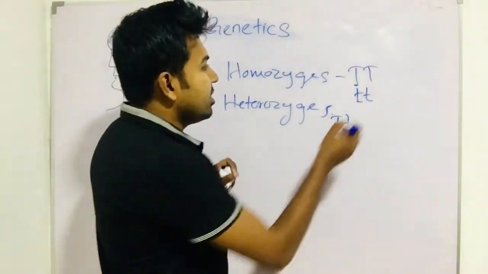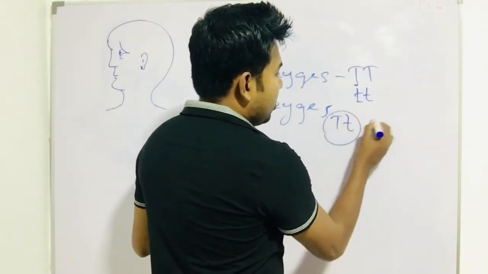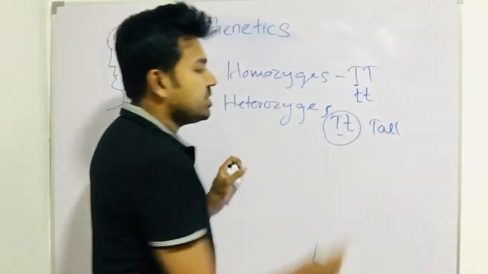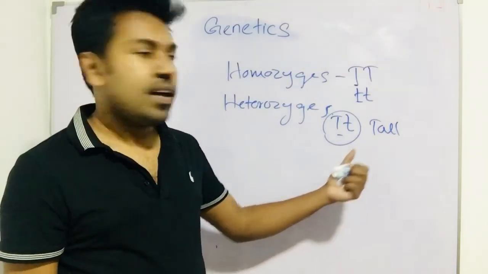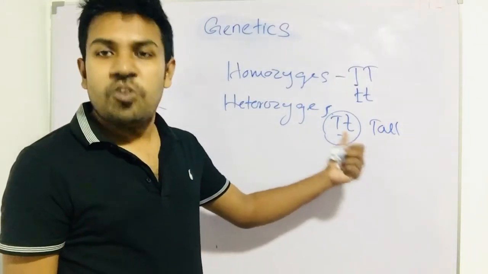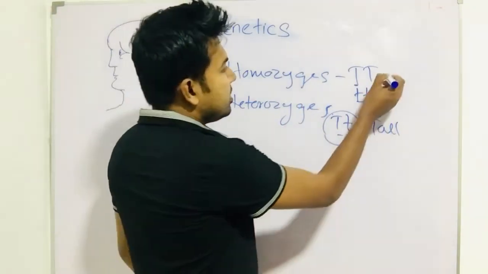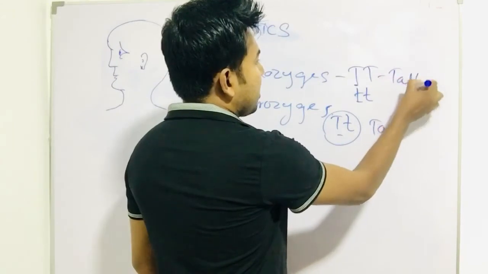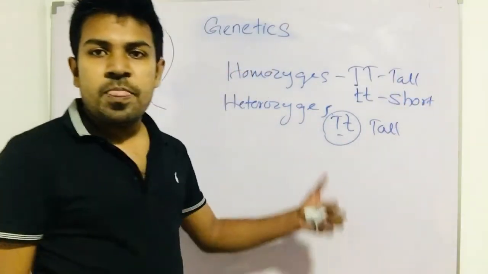This will be tall, because capital T is the dominant character. If the dominant character is there, the result will be the dominant feature. So this is definitely tall and this is short. That is how the results come.